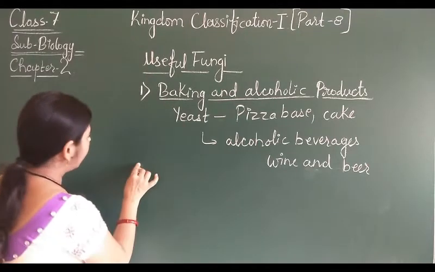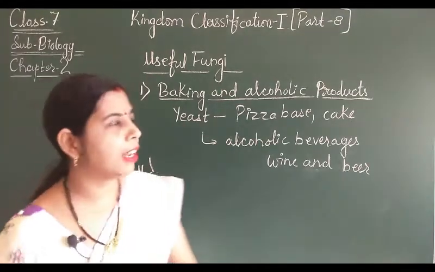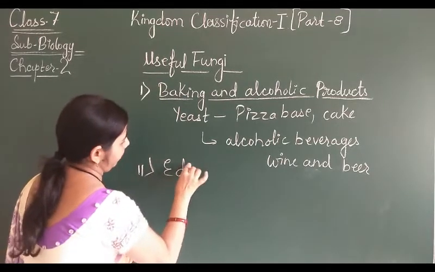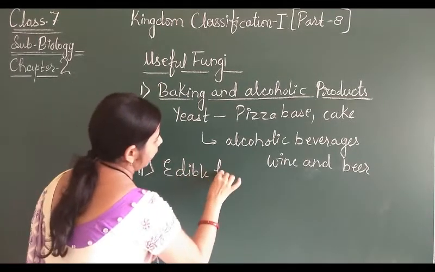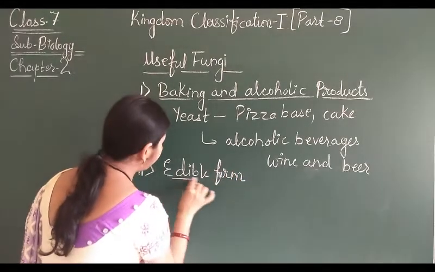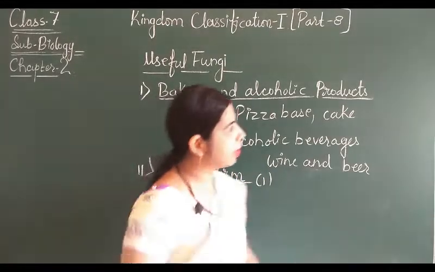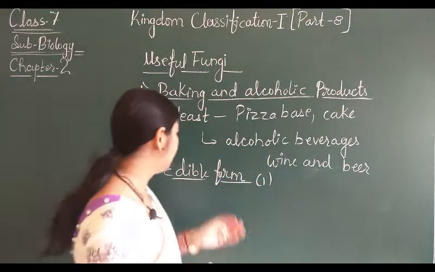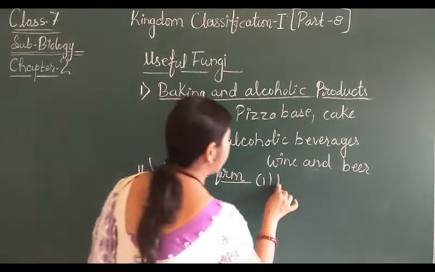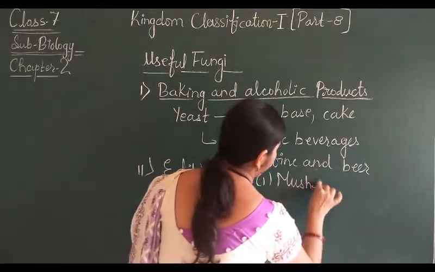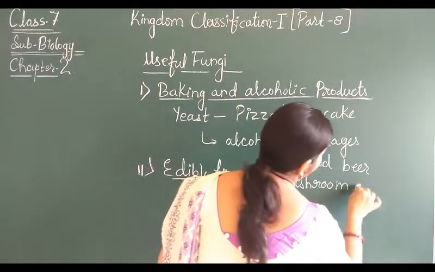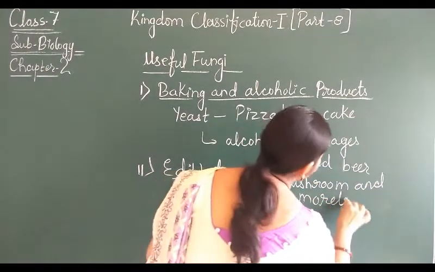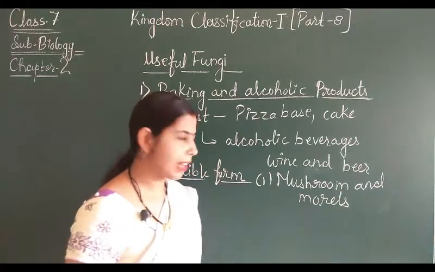Now the next useful fungus is the edible form. That means the fungus which we can consume as food. So some fungus we can consume as food, like mushroom and morels. These are the types of fungus which we use as food.